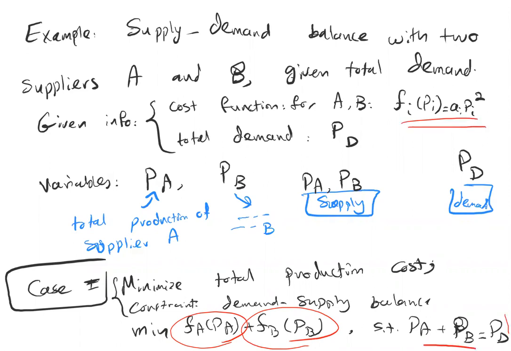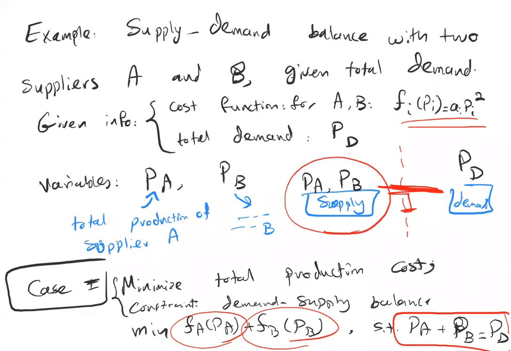And where does this constraint come from? At one side of this balance, you have total supply, which is P_A plus P_B. At the other side, you have the total demand, which is P_D. Let's go back to the data center problem.